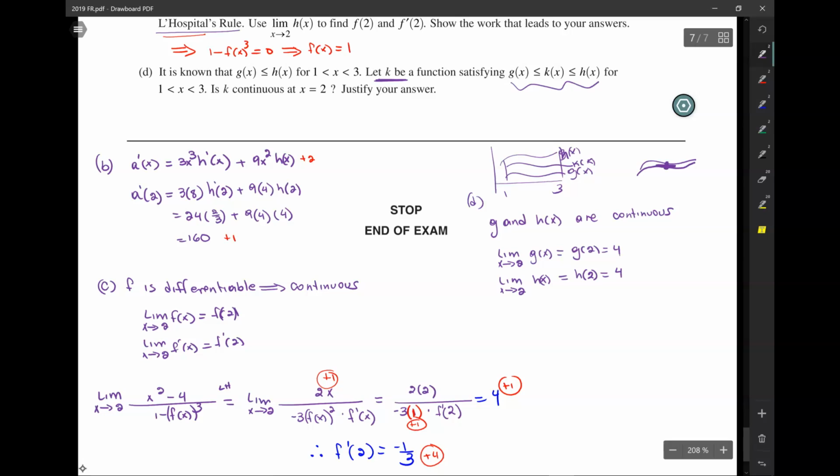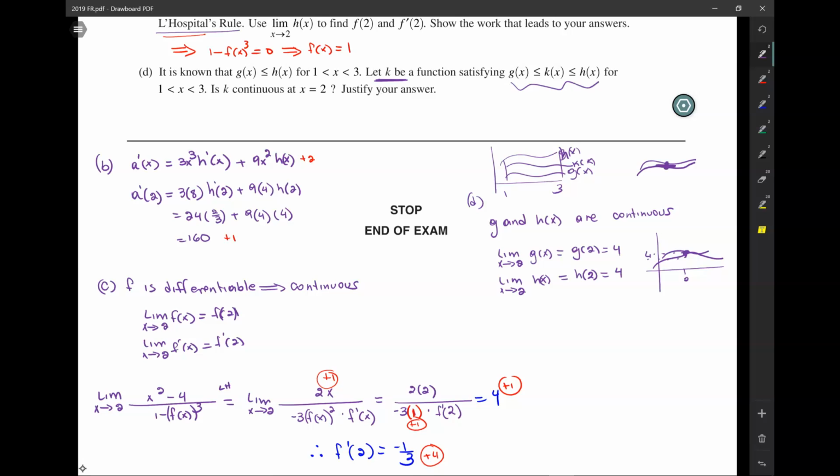Okay? So now think about this. You can figure this out. Look, at x equals 2, this is g of x. The limit is 4. H of x, I don't know what it looks like, but the limit is 4. K is right in the middle. Does it make sense to you that it's going to have the same limit? Yeah, if it's in the middle, it can't be any other way, right?